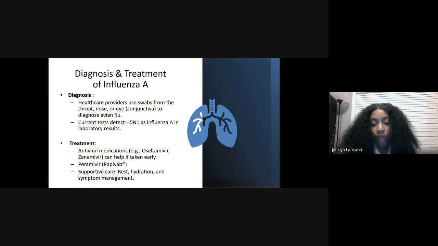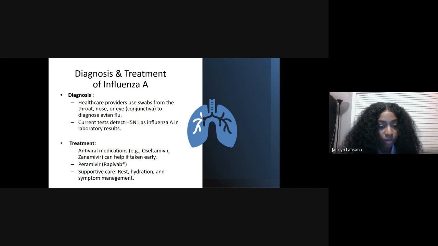Diagnosis. Healthcare providers can diagnose avian flu with a throat or nose swab or from the conjunctiva of your eye. The current test will detect highly pathogenic bird flu as influenza A. There are current treatments, antiviral medications such as oseltamivir, which is taken in the form of medication, and zanamivir, which is taken in a powdery form.